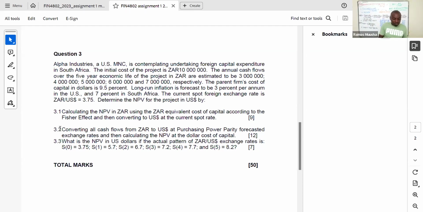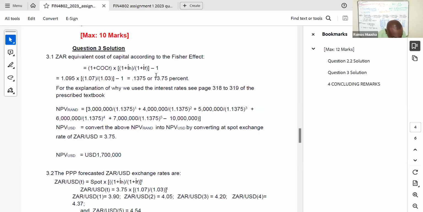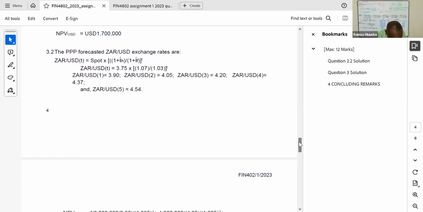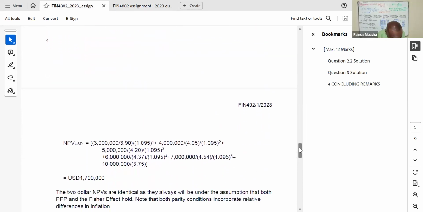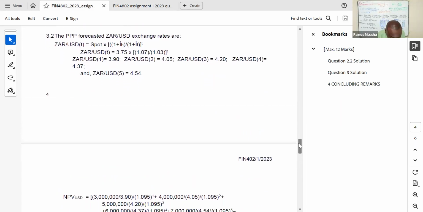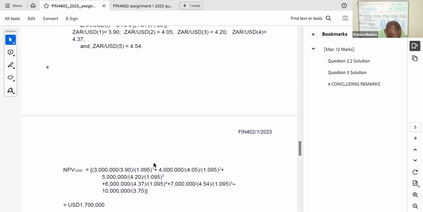But for question 3.2, the lecturer basically just put everything all in one. He estimated the exchange rates, and then immediately after that, he mashed up everything together, instead of converting the cash flows first, he just did it in one calculation.